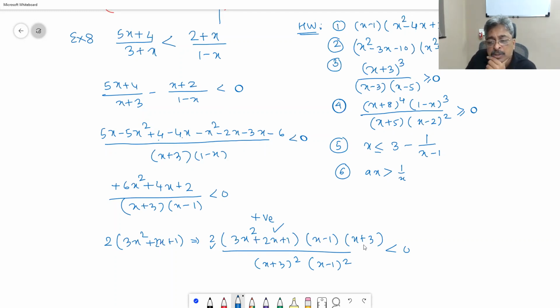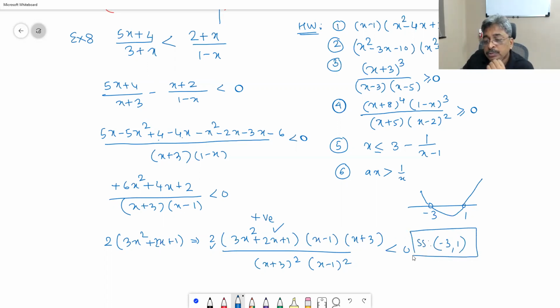So practically this will decide. Critical points minus 3, 1, positive opening up, solution set minus 3, comma 1. This is the solution set. That is how it needs to be solved.